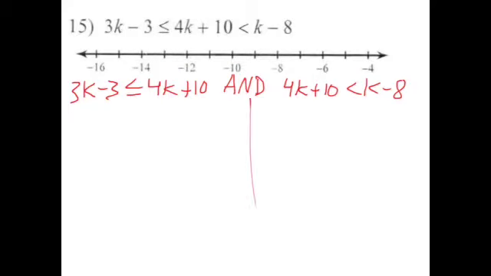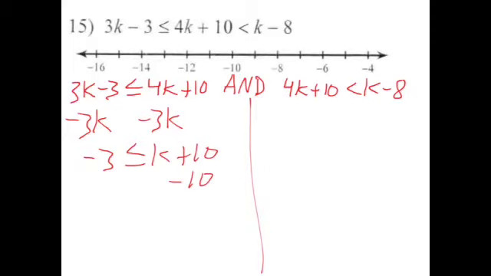Moving on to 15. This is a lot like 13, 12, those ones, where I have a compound inequality, which I need to write into separate inequalities so I can solve them separately. So here I'm going to subtract 3k from both sides to get negative 3 less than or equal to k plus 10. And now I'm going to subtract 10 on both sides to get negative 13 less than or equal to k.